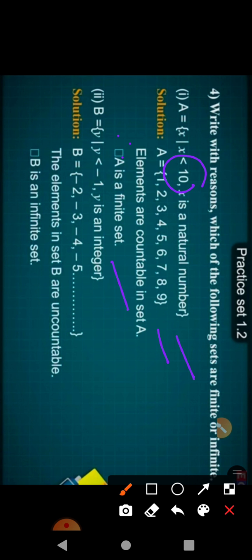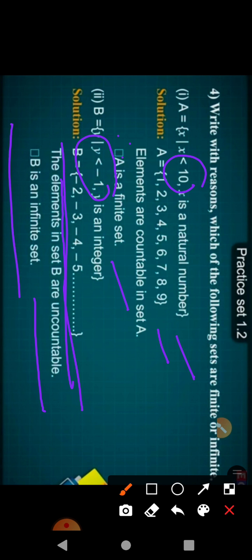Next is B is equal to y such that y is less than minus 1, y is an integer. So we will write all the integers over here, but it is given y is less than minus 1. So we will start here: minus 2, minus 3, minus 4, minus 5, and so on. The elements in set B are uncountable because "and so on" is given, so B is an infinite set.